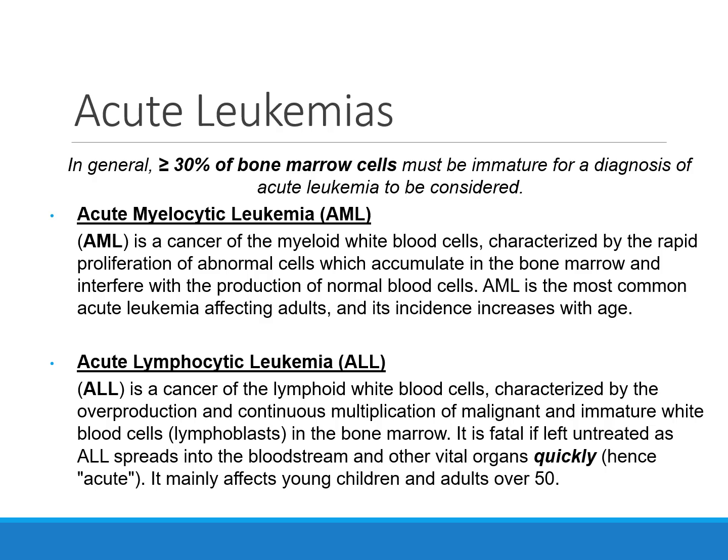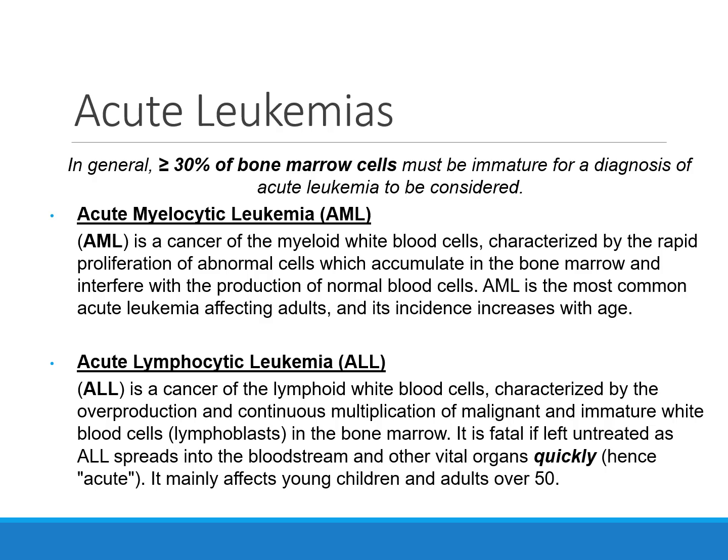Because of its aggressiveness, it is fatal if left untreated. And as ALL continues to proliferate, it spreads into the bloodstream and other vital organs very quickly. We see acute lymphocytic leukemia, or ALL, more commonly in children than adults, although we can see it in adults.